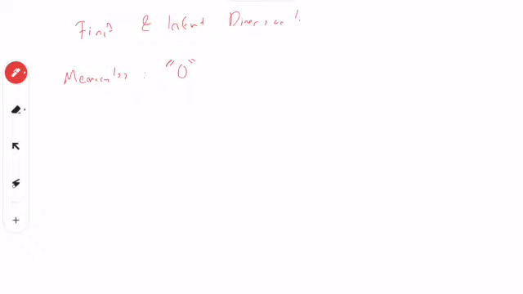So memoryless systems are automatically finite dimensional because their dimension is 0, because y of t is simply a function of u of t. If it's a linear time invariant system, y of t is simply equal to, let's say, 5 times u of t or something like that. Okay, good.